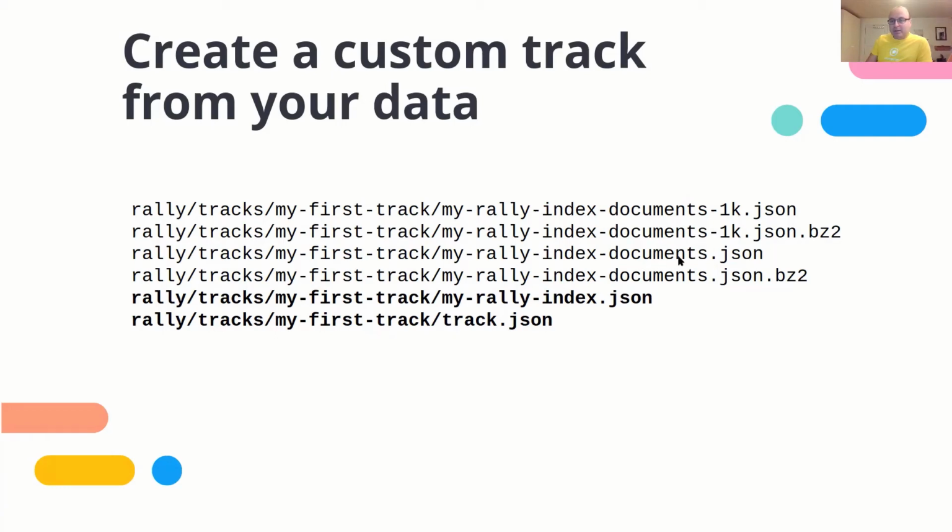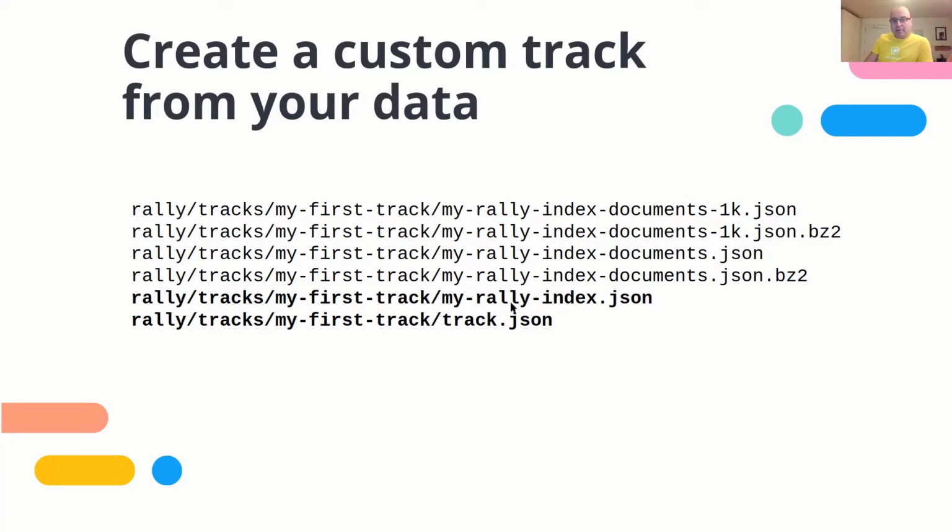My-rally-index-documents without the 1k is the full data. And the 1k version is there because Rally allows you to run in test mode and full mode. In test mode, you will just use the first 1,000 documents from your full data. It will allow you, when you're building the track, to experiment and see that what you're doing is correct.